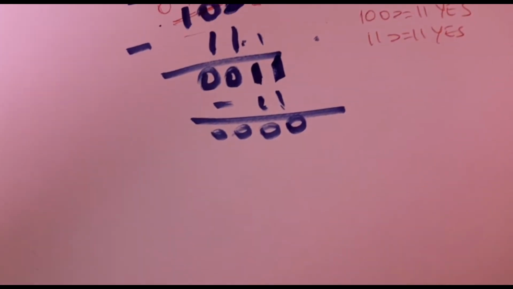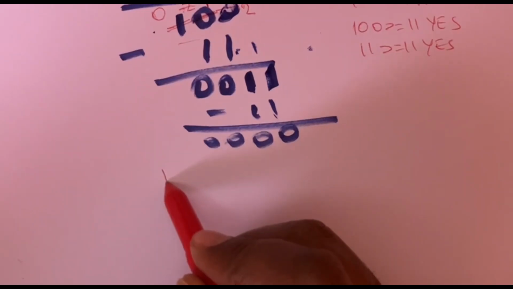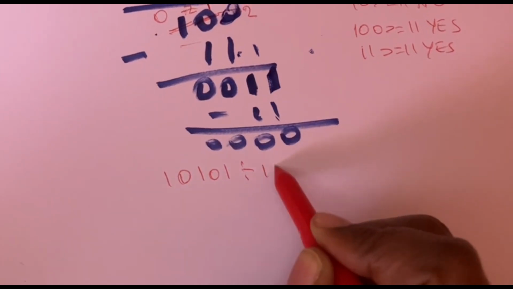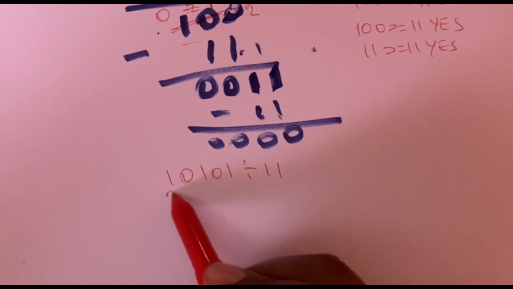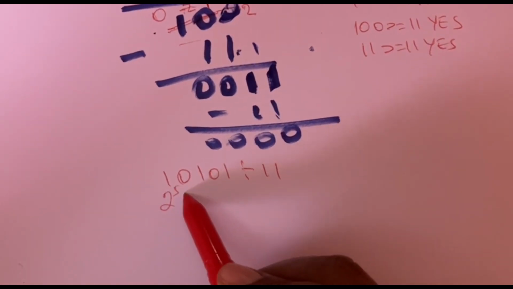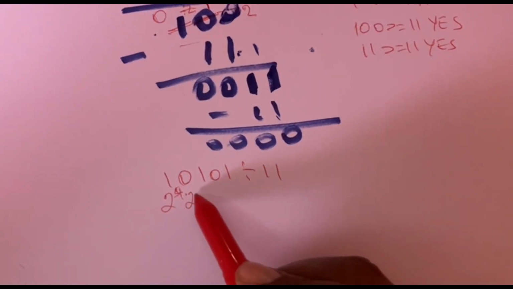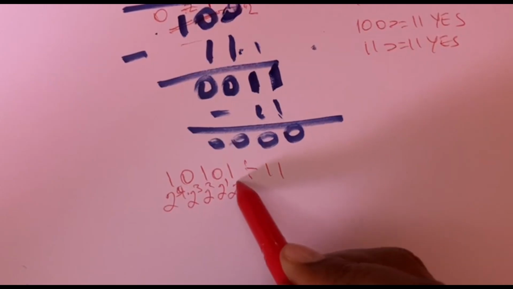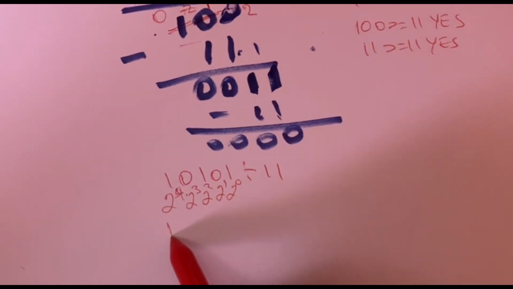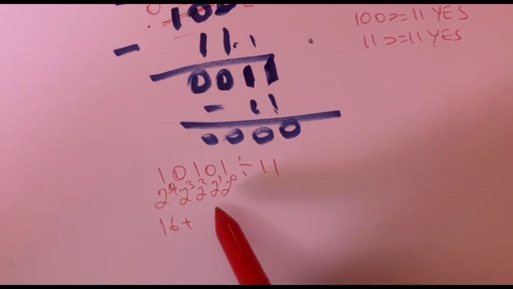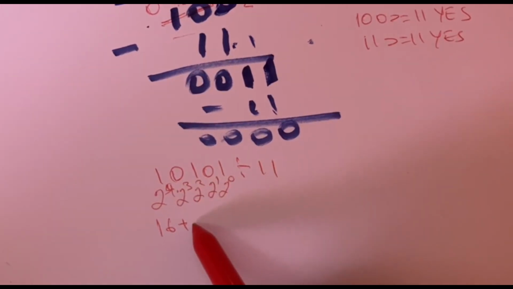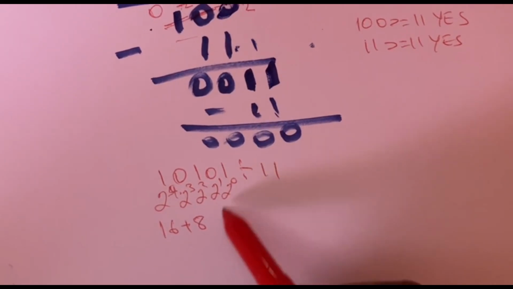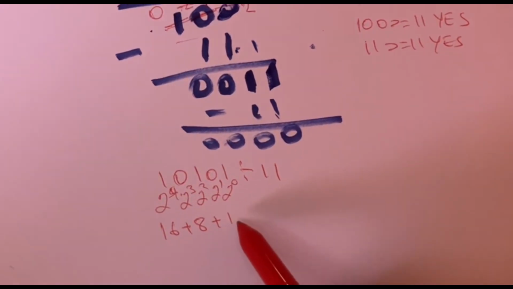So for verifying, 10101 divided by 11. 10101, this is to the power of 4, to the power of 3, to the power of 2, to the power of 1, to the power of 0. To the power of 4 is 16 plus, okay, we ignore this one, to the power of 3 is 8. Again, we ignore to the power of 1, so to the power of 0 is 1.